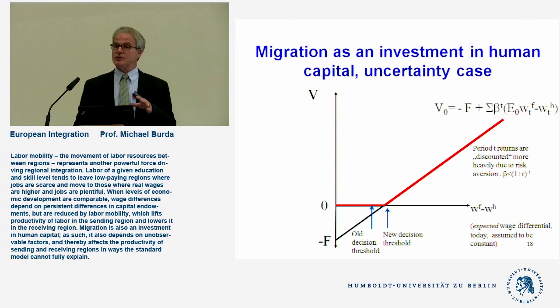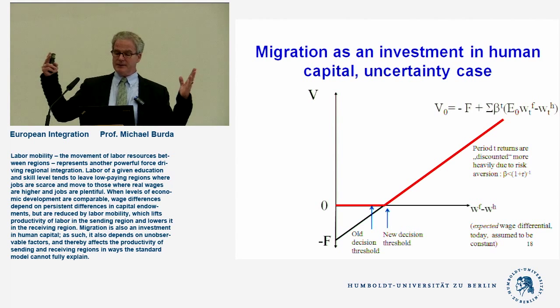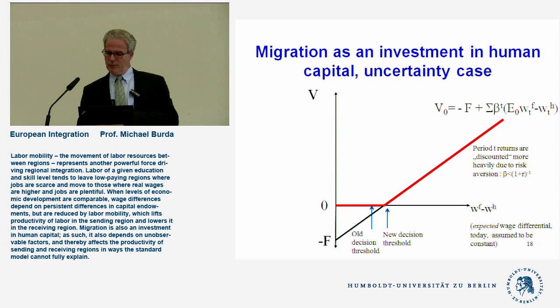But this is not the end of the story, because the assumption in the background that we made is that this wage differential lasts forever. So what if I change the framework and say this is the current wage differential, but I'm going to assume that the wage differential is shrinking for the same reasons that we've discussed in the Edgeworth analysis, which says as capital intensity in the receiving region falls, it becomes less attractive.